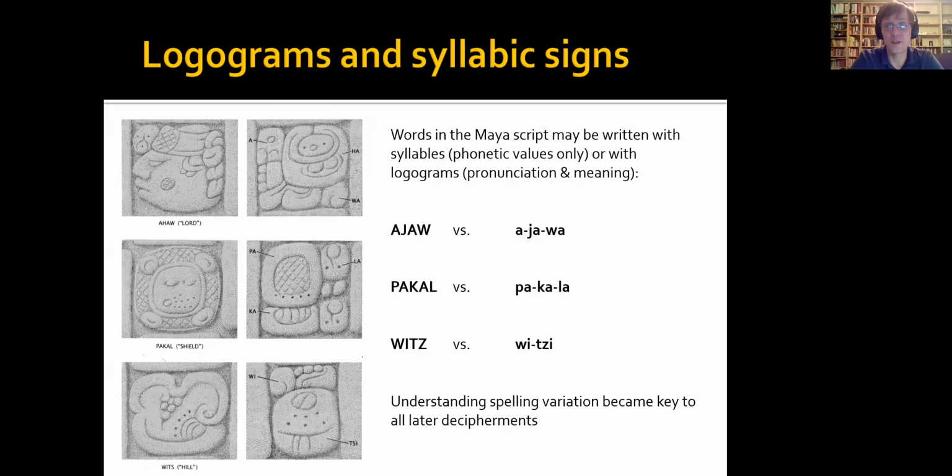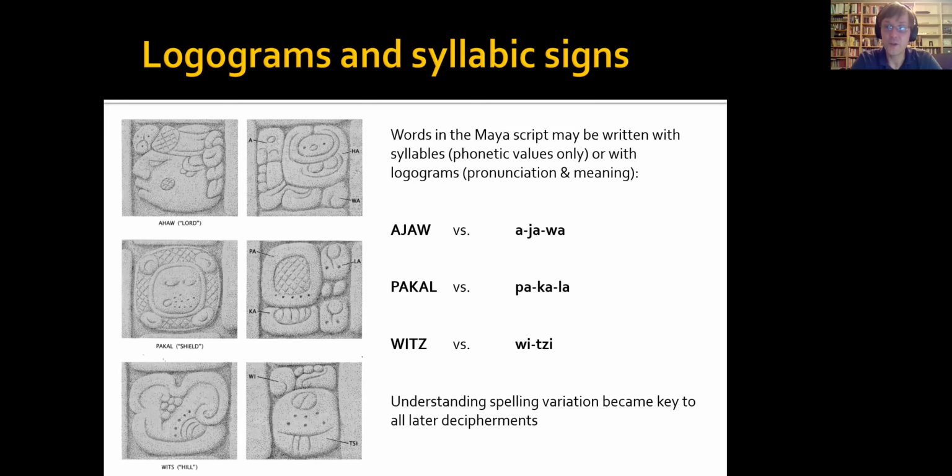So, logograms and syllabic signs. As we've seen when I talked about decipherment, you can write with words and word signs, but you can also write with syllables. So technically, if you know the syllables, you can pretty much record everything. And we do have inscriptions in the Maya area which are just syllabic, very much like the Tale of Genji in medieval Japan, recorded entirely in syllables.